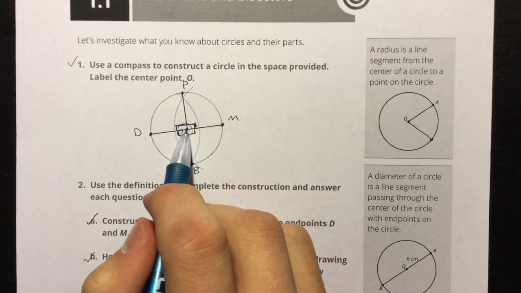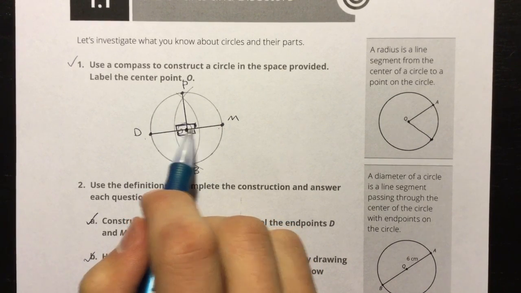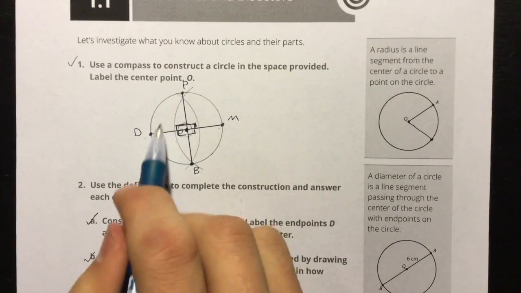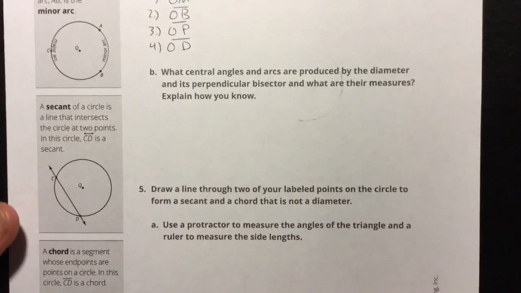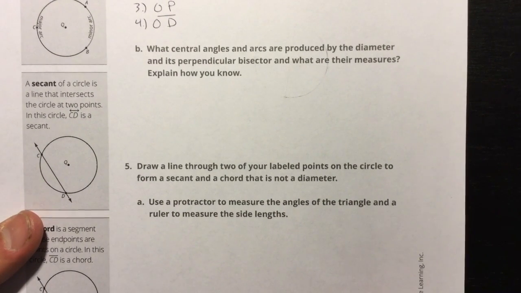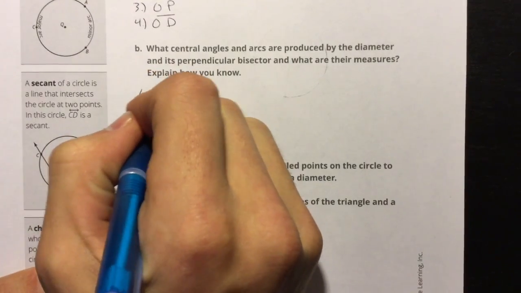So if this is the point of my central angle, and then the central angle sides are radiuses, or radii, right? So there's 1, this top right region, 2, top left region, 3, bottom left region, and 4, bottom right region. Okay, so what central angles and arcs are produced by the diameter and its perpendicular bisector, and what are their measures? So it's asking specifically for the names of these angles.